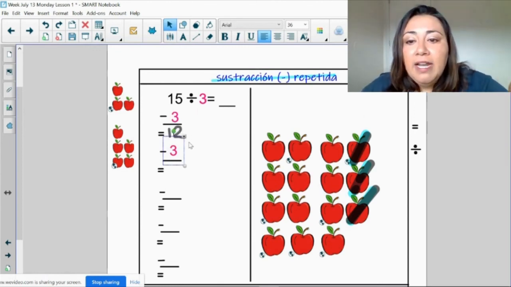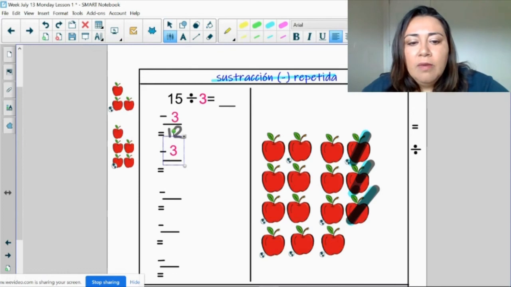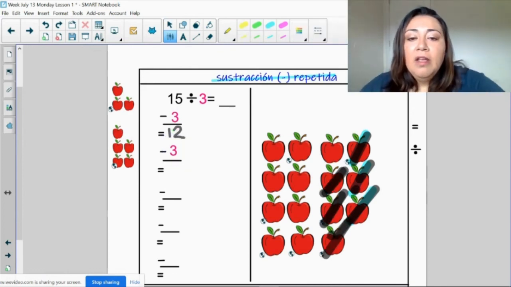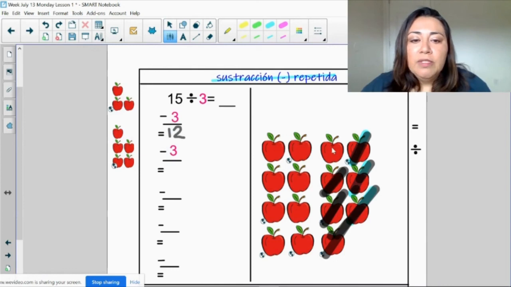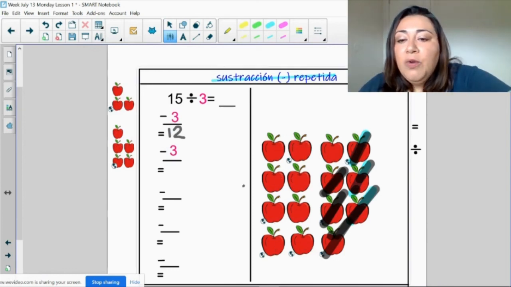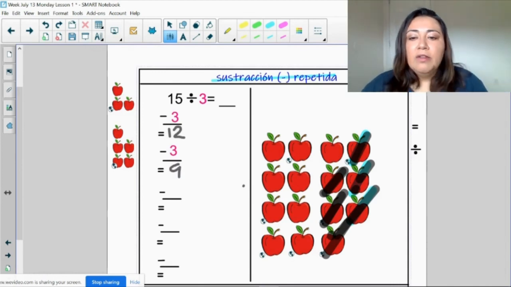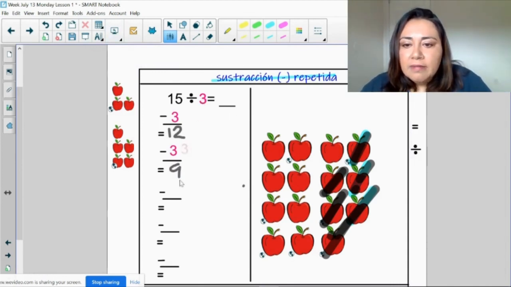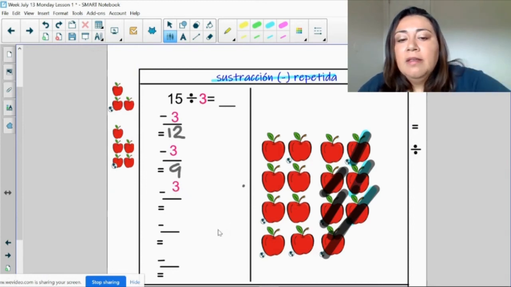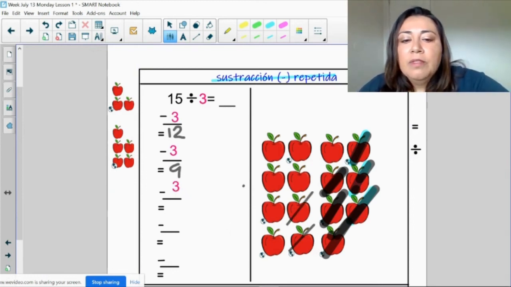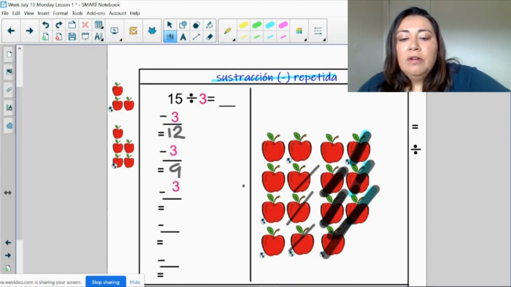12 menos 3 más. 1, 2, 3. Me quedan 1, 2, 3, 4, 5, 6, 7, 8, 9. Son 9. Entonces vuelvo a restar 3. 9 menos 3. 1, 2, 3. Son 6.